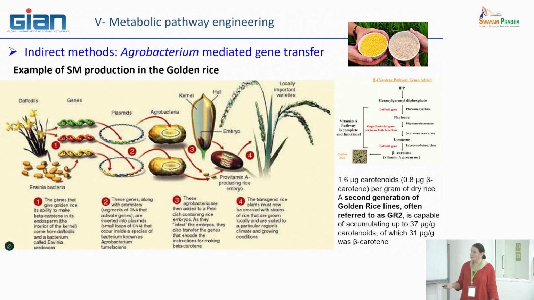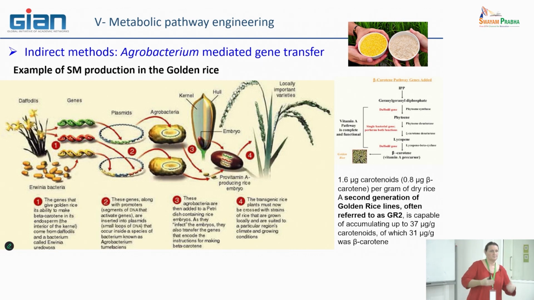So they changed the origin of the genes encoding these enzymes, because they found some enzymes with better activity. They have also modified different things in the feeding of this pathway to produce more precursor, GGPP, for example. So they acted at different levels in order to have now a golden rice that is able to produce perhaps 3 or 4 times these contents.